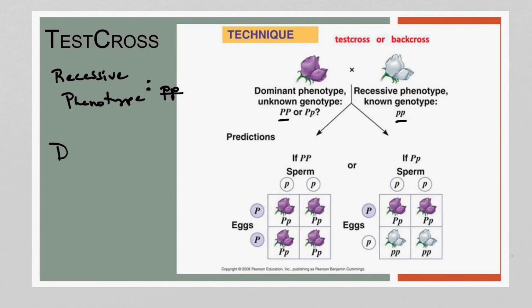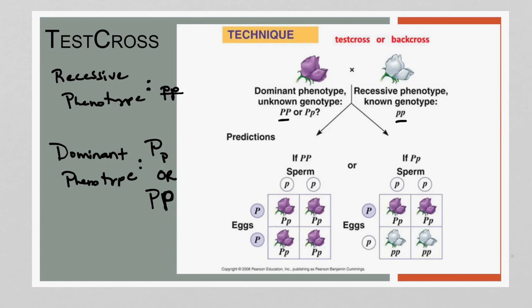But what about in the case of a dominant phenotype? Dominant phenotype, forgot a letter there, could be either big P, little p, or big P, big P. If you don't know for sure, the way you can figure that out, if you don't want to isolate the genes and run a gel and do that type of analysis, is by crossing them with a recessive genotype, a known genotype.